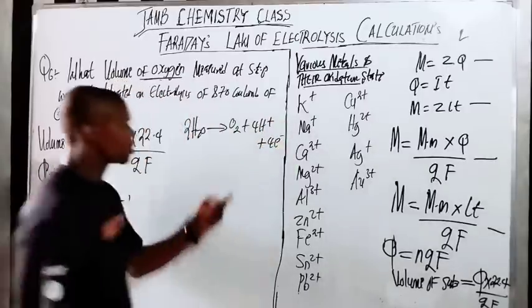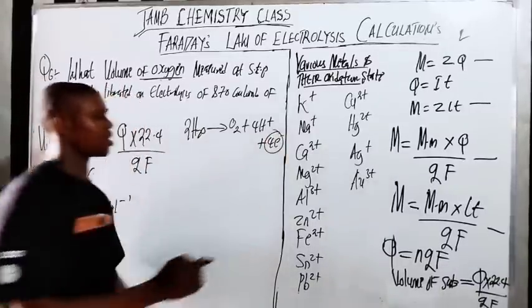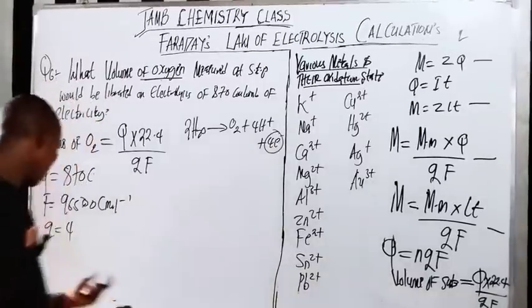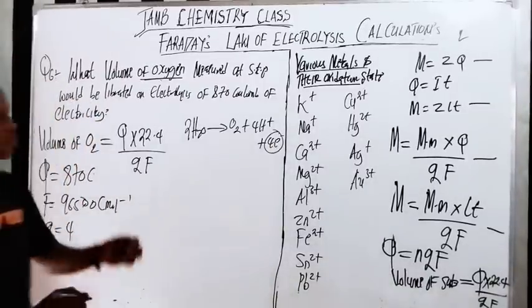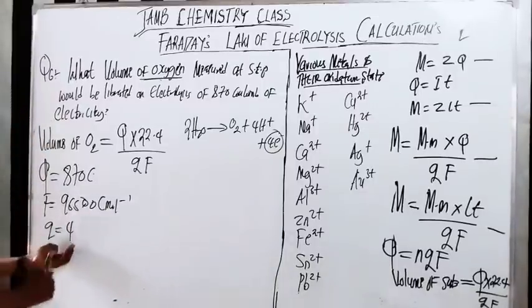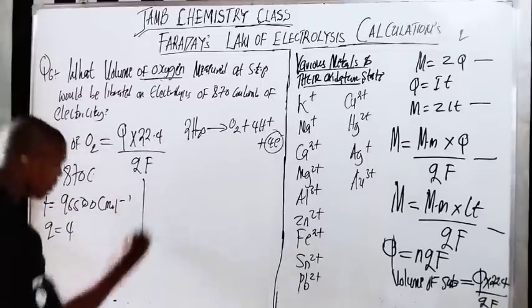The electron loss is 4. So that's why here is going to be 4. Whenever I see a question that involves oxygen, the number is 4. That's what I'm going to make use of. So you don't need to bother yourself about that here.